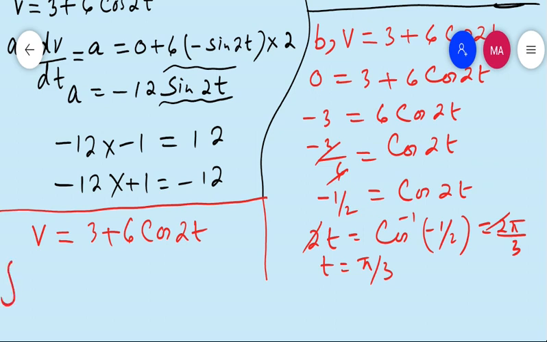So we have to integrate v with respect to t, with limits from 0 to pi by 3, because this is the value of t where the particle comes to rest.